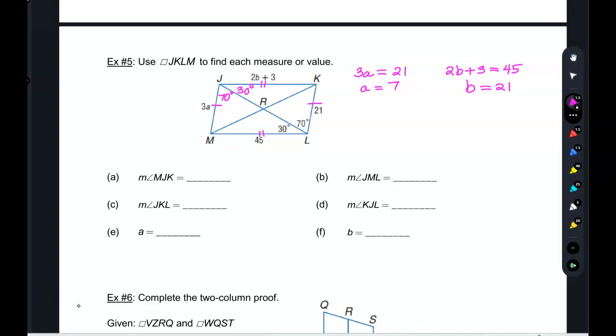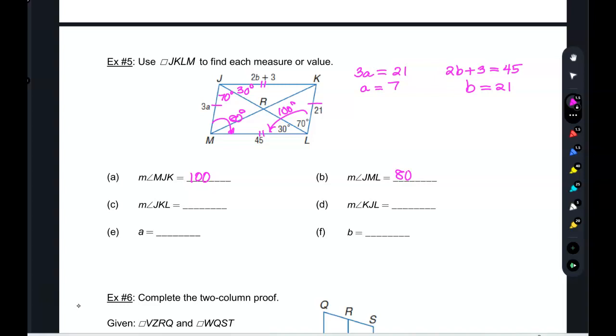All right, let's see if we can fill in some of the blanks here. So measure of angle MJK. MJK has to be 100. All right, JML. Right here, J has to be 80. Because if this is 100, this one has to be 80 degrees because consecutive angles have to be supplementary. Okay, how about JKL?